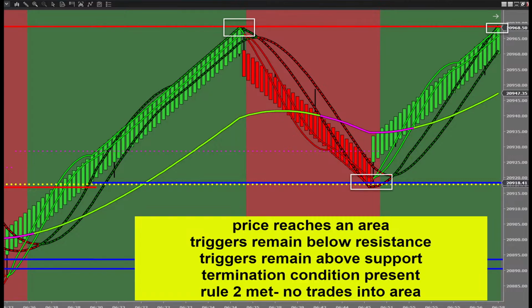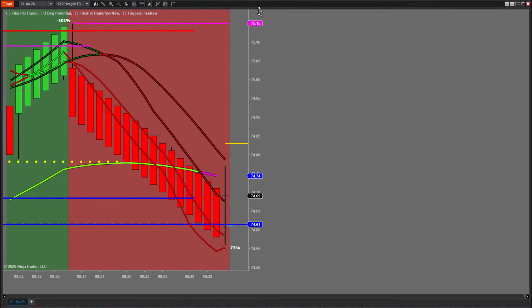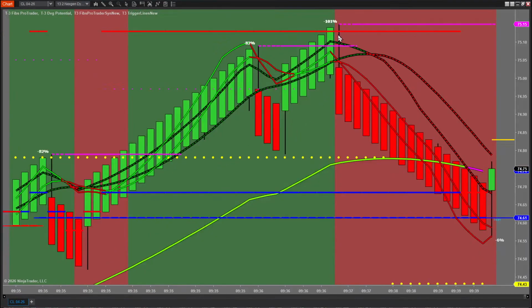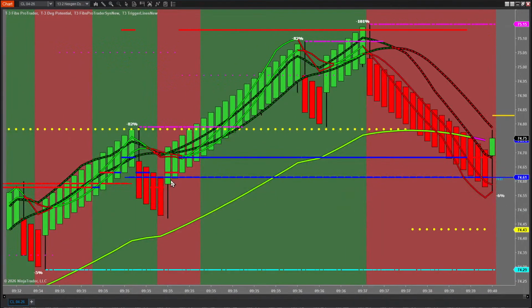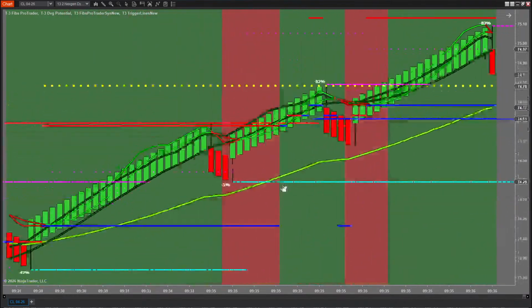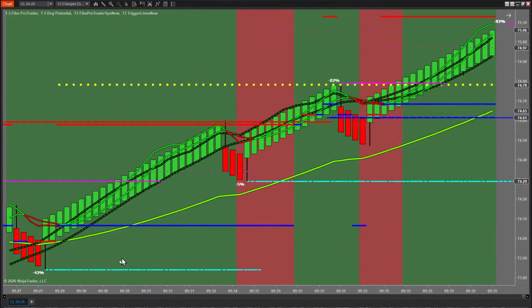Price reaches a line, just like it did right there. And if none of the triggers break, this happens more than it doesn't. That's it. That's all it is. Price pulls back to support. None of the triggers broke. Price reached yellow 1-to-1s. None of the triggers broke. Look at that big, ugly, untradeable bounce. There it is at resistance.